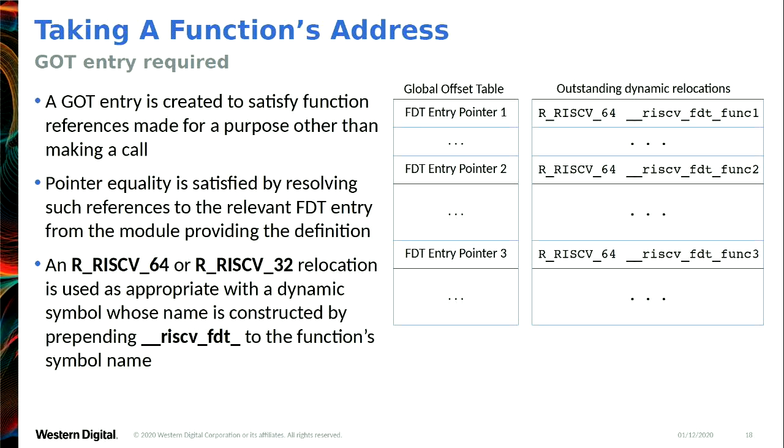When taking a function's address, we need to have a GOT entry created so that it can be filled with the ultimate pointer to the function. The pointer will be a pointer to an FDT entry, as I previously mentioned, rather than the function itself. And we use R_RISCV_FUNCDESC_VALUE relocations, so they are resolved at load time.